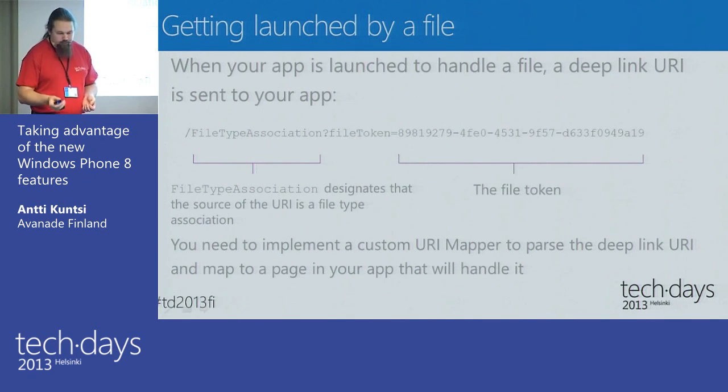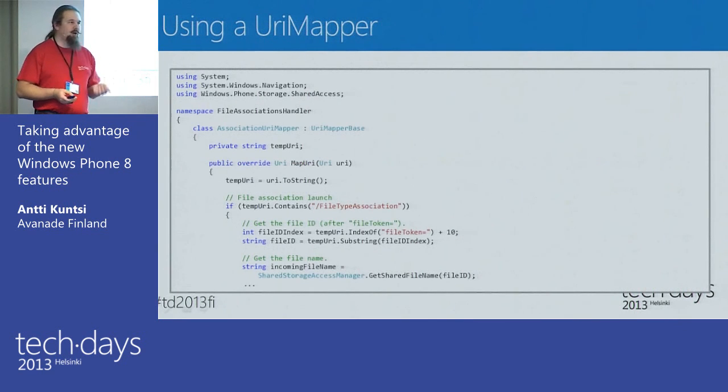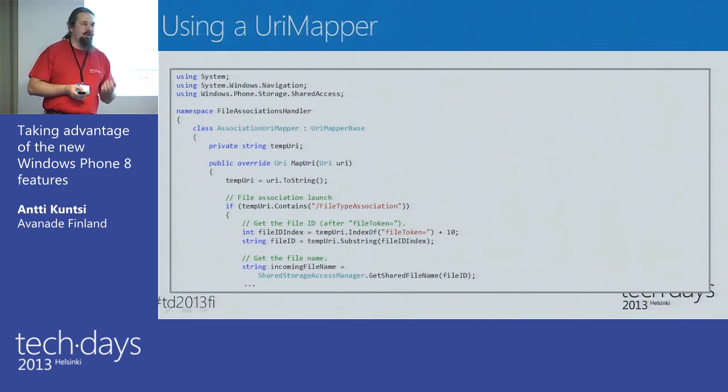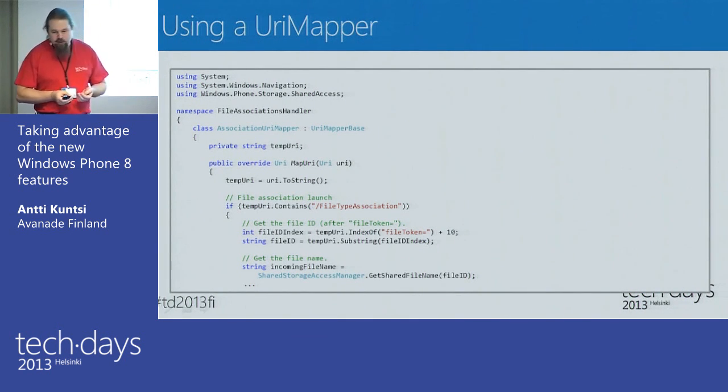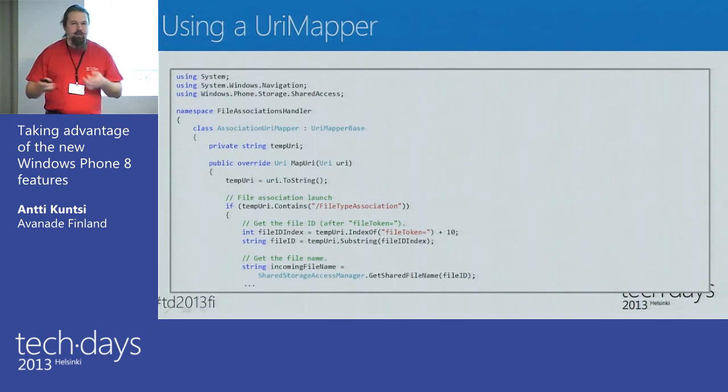So how to do it? You write a URI mapper, which is here as a sample. It's effectively a single-function class at minimum. You get a URI as an input. Then you check what it contains. In this case, it's file association. You can also see if it starts with a /protocol.